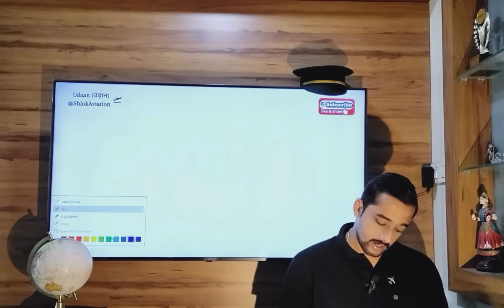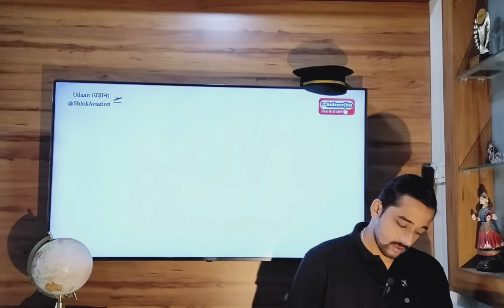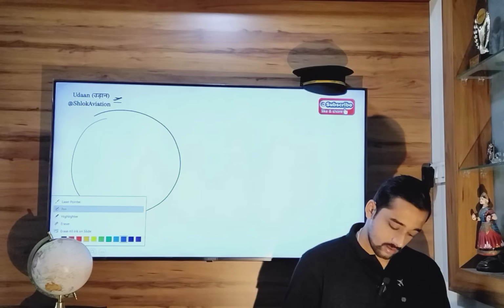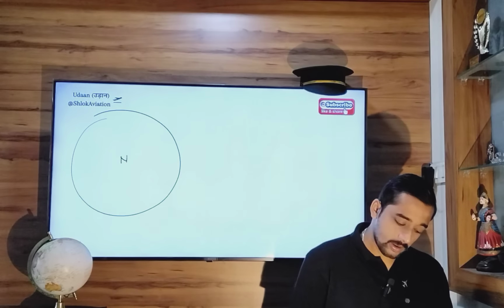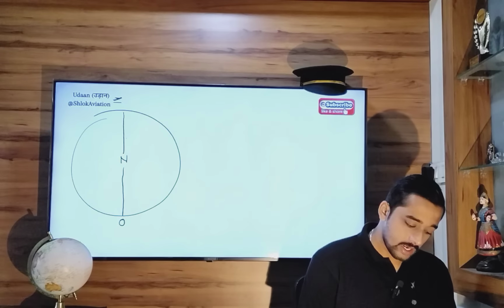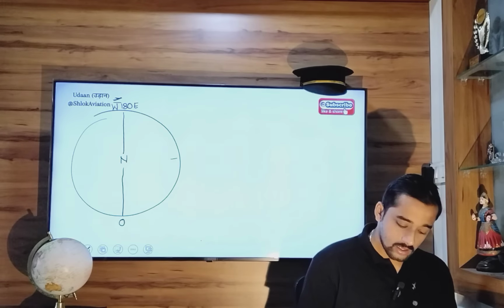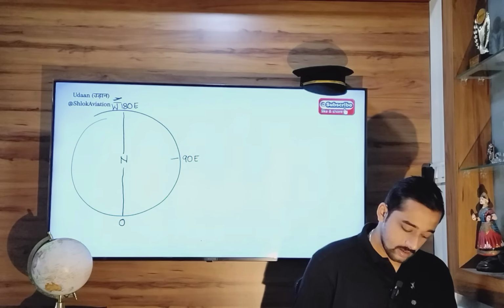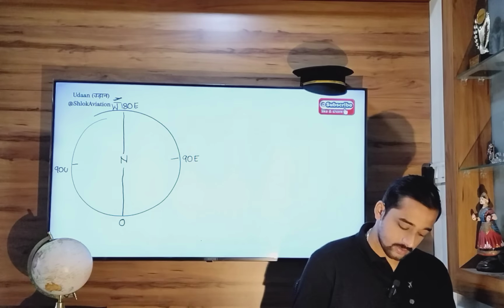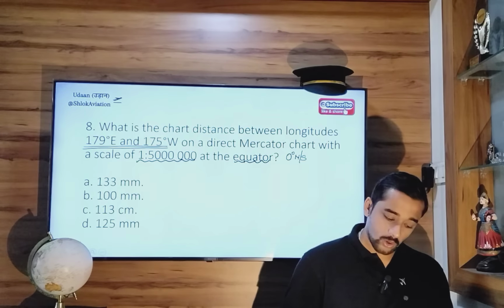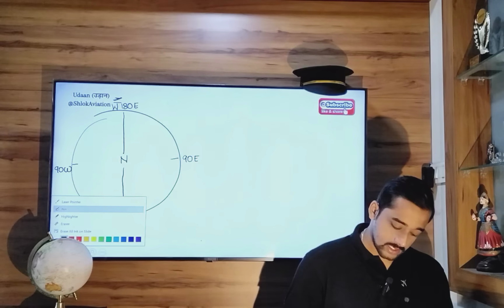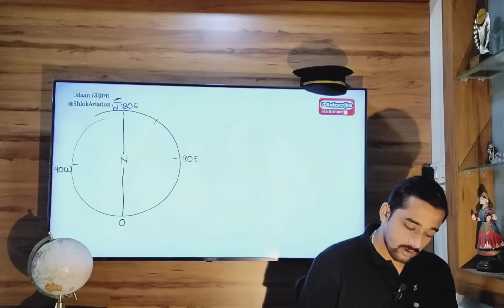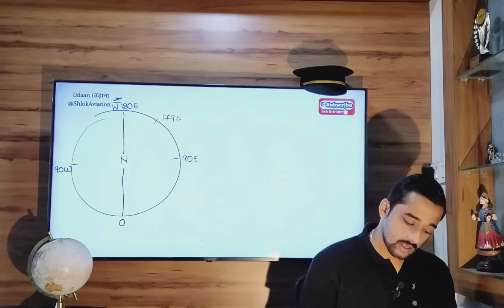So let's draw the diagram for rhumb line. North, you are looking at the Earth from the North Pole, 0, 180 east-west, 90 east, 90 west. Now the first coordinate is 179 east.